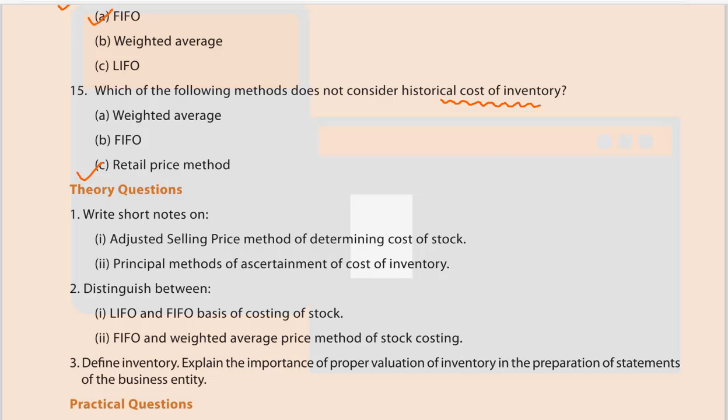Okay, so let us continue. The next question is principal methods of ascertainment of cost of inventory. Question number 12.